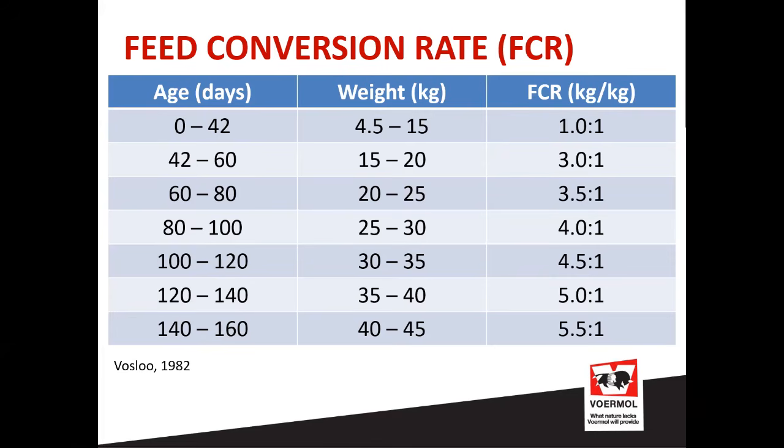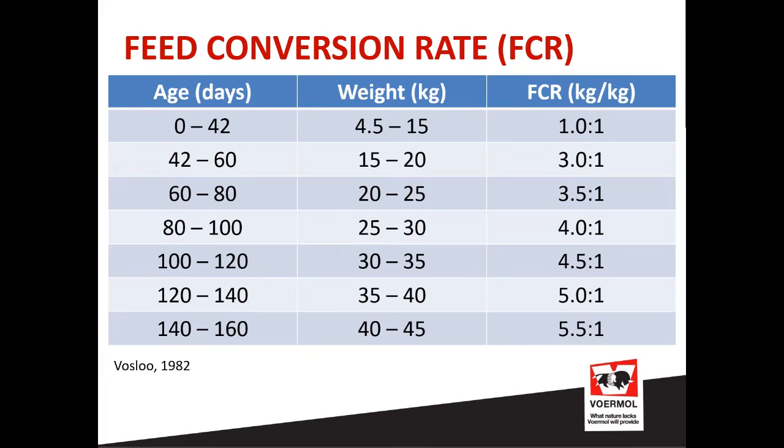It's clear in that first line that the feed conversion rate is at its best for young animals. It's 1-to-1. That animal only needs to eat 1 kilogram of feed to produce 1 kilogram of meat. As the lamb matures, let's say at weaning at about 100 days, feed conversion reduces to about 4-to-1. So they need to eat 4 kilograms of feed to produce 1 kilogram of meat.